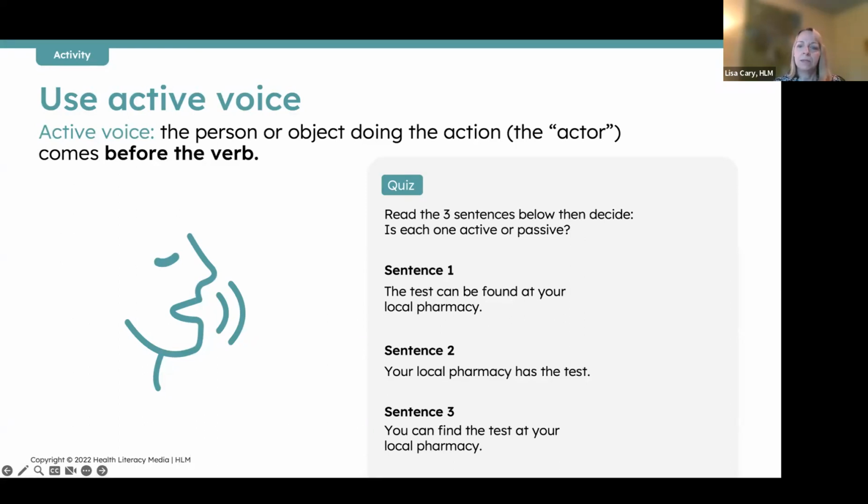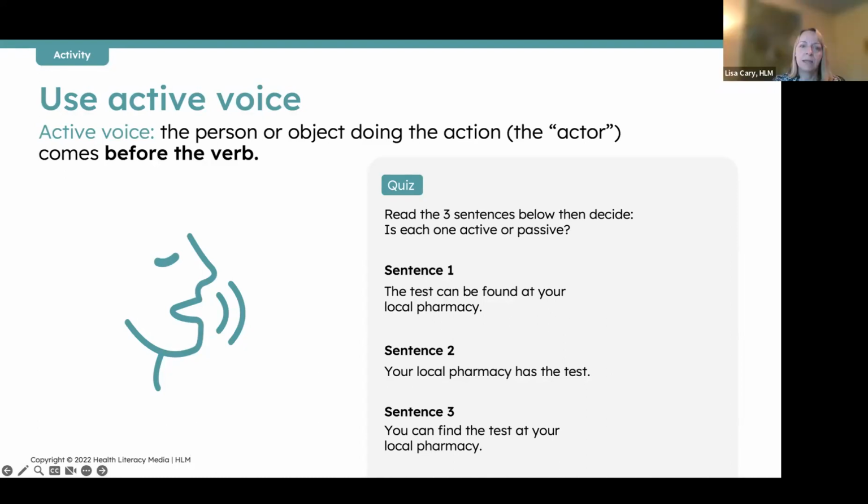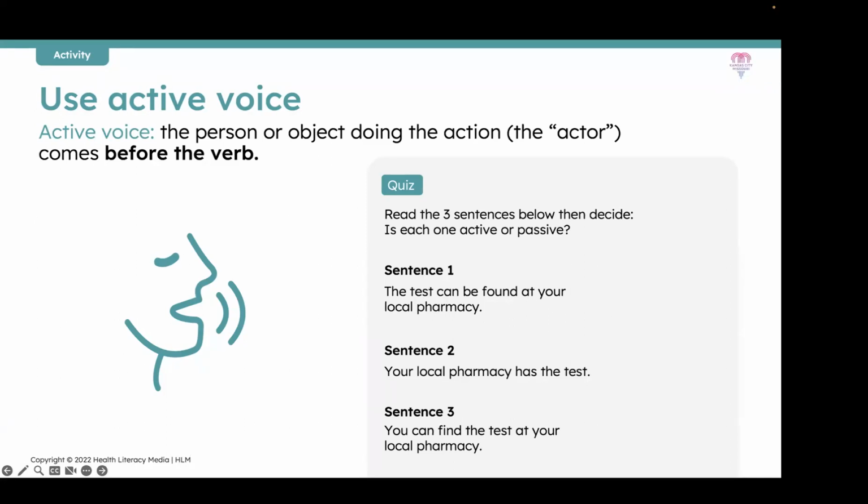All right, so Connie thinks it's passive. Oh, I think I clicked the wrong thing. This is Connie, sorry. I clicked the one that I thought was the active, I think.